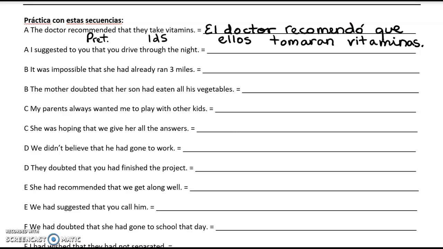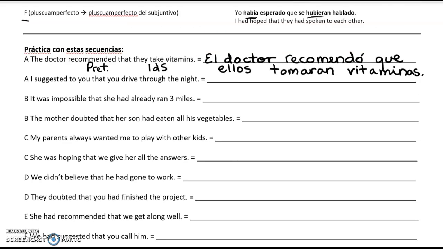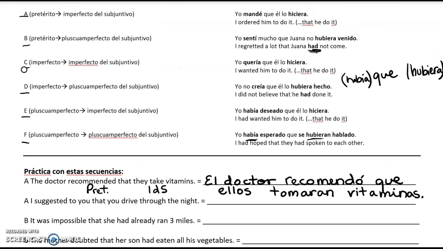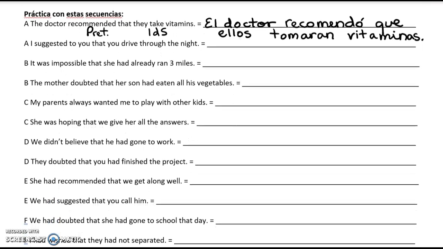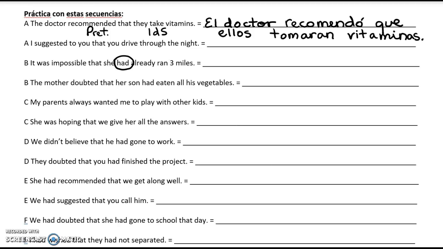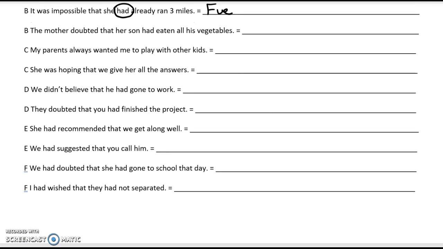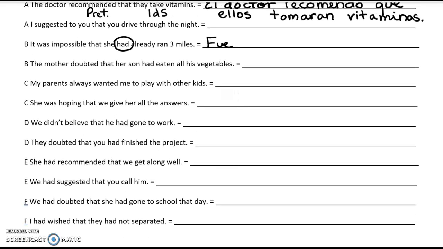B, it was impossible that she had already ran 3 miles. In sequence B, I'm wanting you to use preterite again in the front, but with the pluscuamperfecto, with hubiera. You need hubiera because of this had. That's after the K. So we're going to put fue imposible. Oh, perdón.